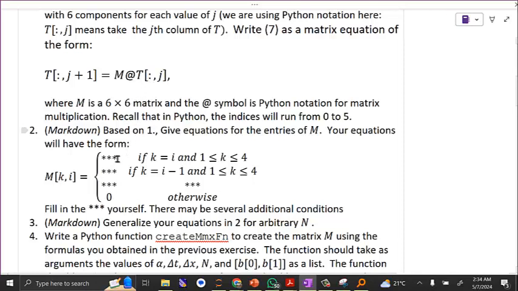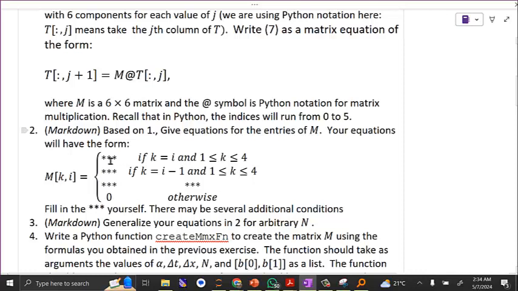Then I want you to give a rule for the entries of this matrix M. You can write the entries of M, but you should be able to extract a rule. And the rule will have several parts. In fact, most of the entries of M are 0. But you can find some patterns here.